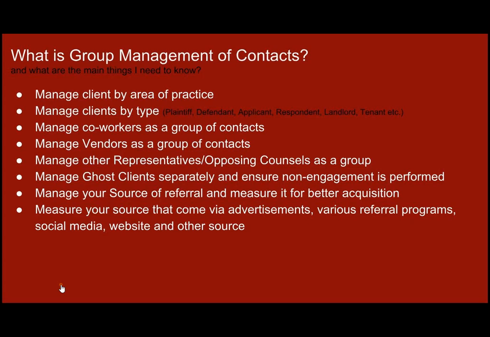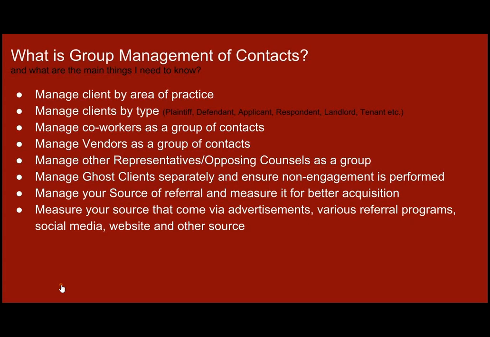Other types of contacts that your legal firm deals with are your own employees. We call them co-workers, but again, it's your own employees. When you have a collaborative nature within a law firm, it's important to really understand who within the law firm is generating these documents, because often you need them to sign those documents.